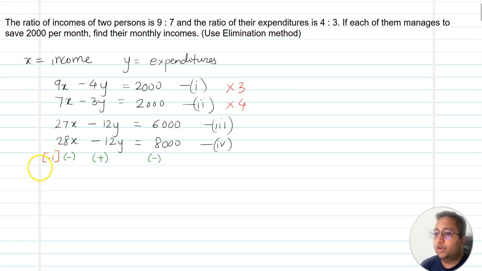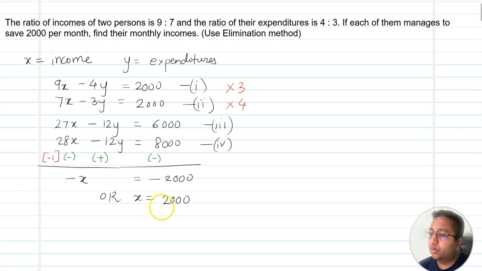Accordingly, I will simplify. 27x minus 28x is minus x, minus 12y plus 12y is equal to 0, and 6000 minus 8000 is minus 2000, or x will be equal to 2000.